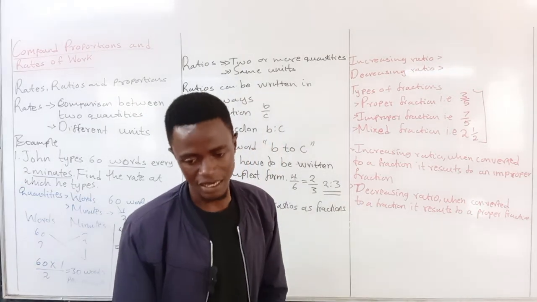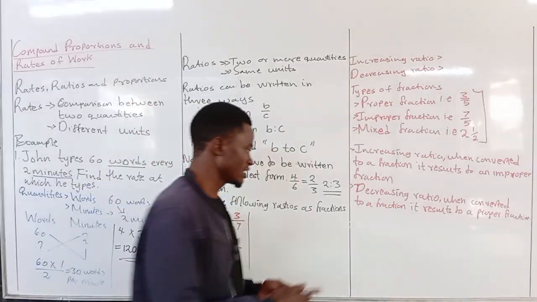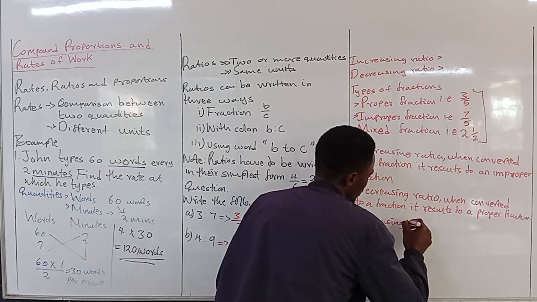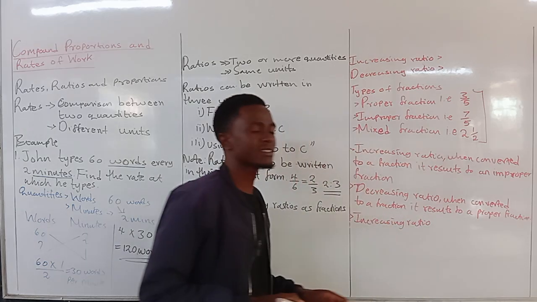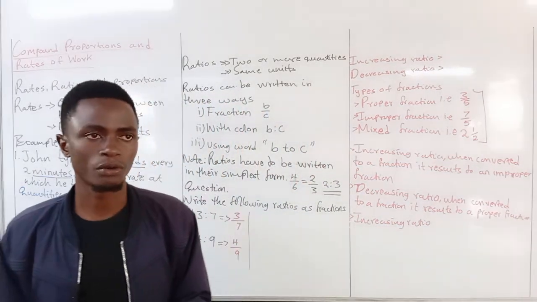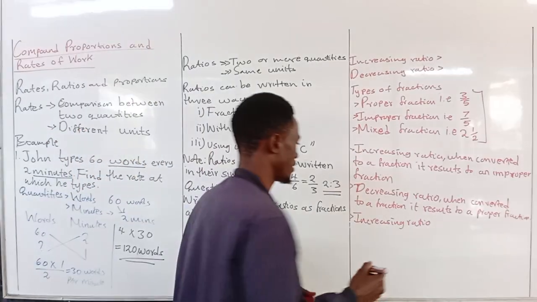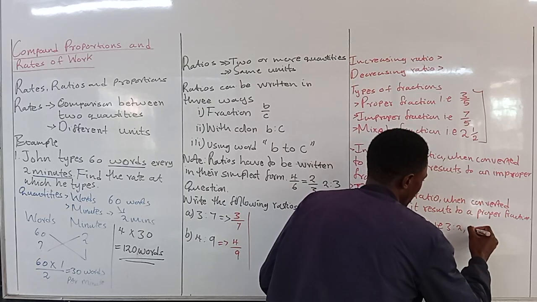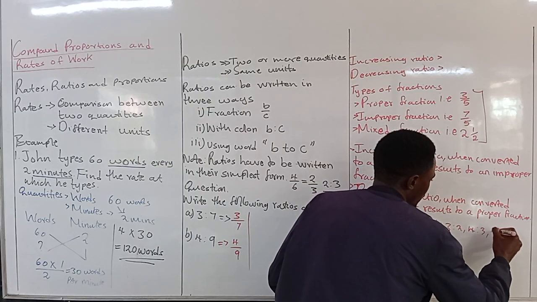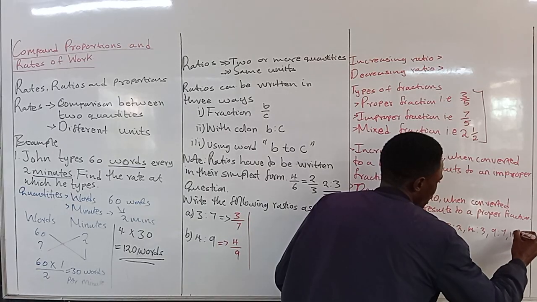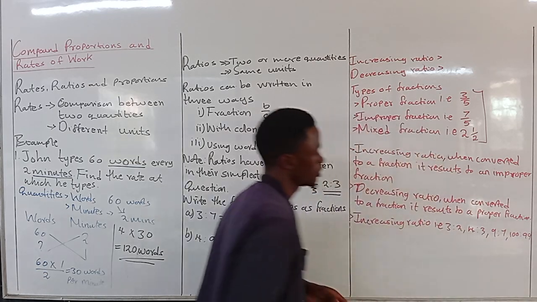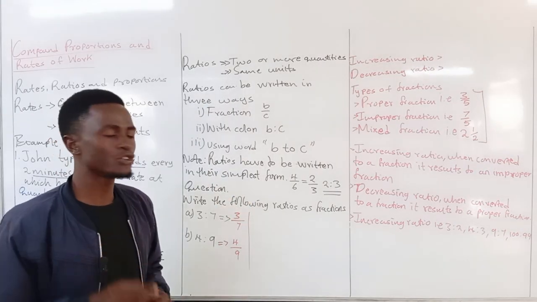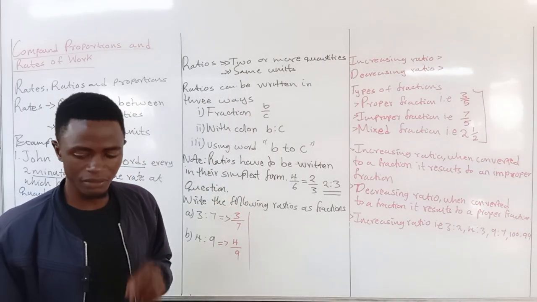So it simply means that for increasing ratios, the first number in the ratio is bigger than the second number. Good examples are 3:2, 4:3, 9:7, and 100:99.